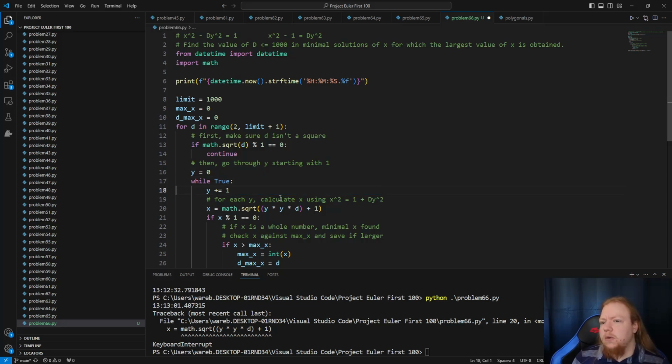Okay, so we need an x. We need a better way to calculate x or y.